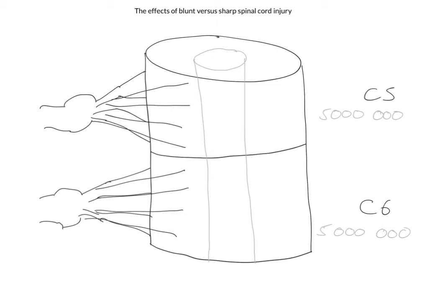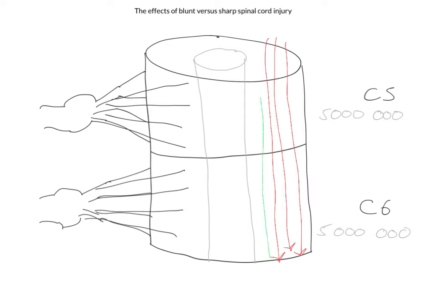And then remember that within the cord, we have a whole load of ascending and descending axons running through the white matter. So we've got a load of descending axons going down. So these would be axons of the motor system. And then we've got a load of ascending axons travelling up.